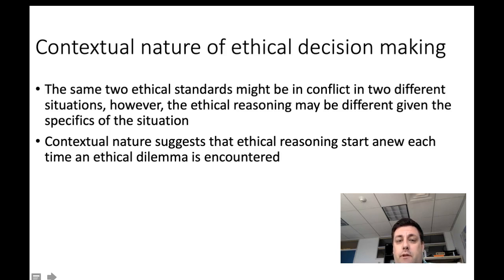And so the conclusion is different despite the fact that the same two ethical standards are in conflict, and that's really due to the contextual nature of ethical decision-making. And so what this suggests for us is that each time we encounter an ethical dilemma, we have to start the ethical decision-making process over again. We can't simply rely on what we did before to give us a direction forward. We have to start anew.